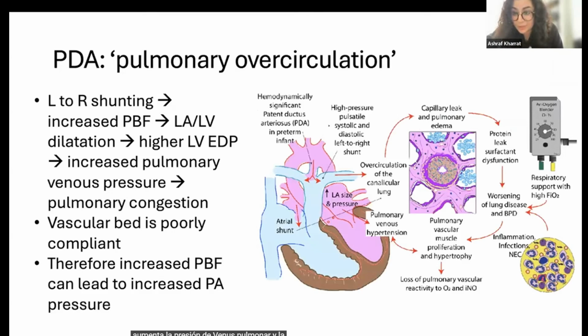And in particular the preterm pulmonary vasculature, which is very poorly compliant, not really able to tolerate this so much, we see capillary leak and pulmonary edema. That's that West phase 4, or West zone 4, that we start to see. But of course, it doesn't occur in isolation because we also have heart impact as well. So this one we are probably more familiar with, how the heart and lung are directly affected with PDA.